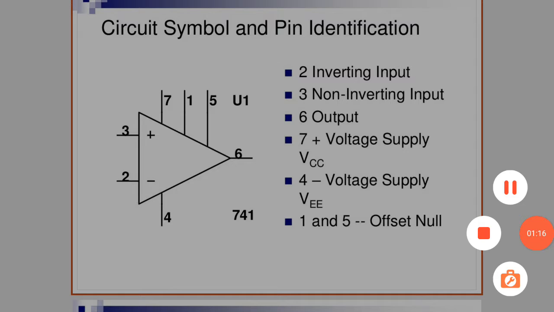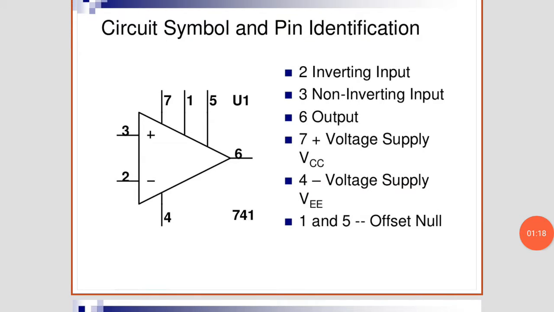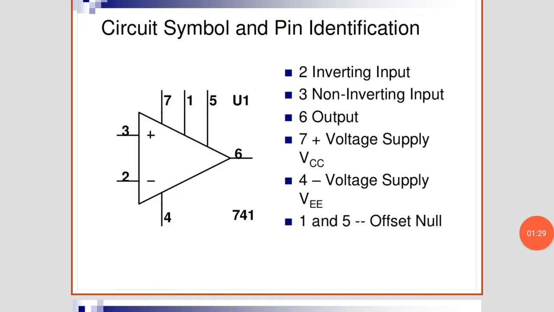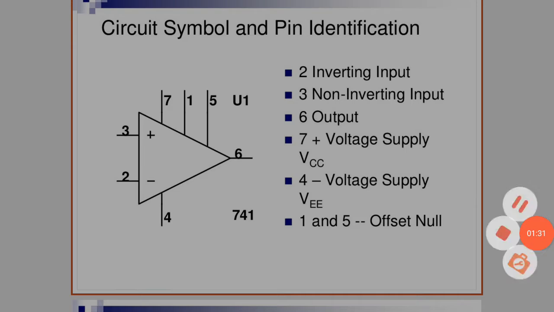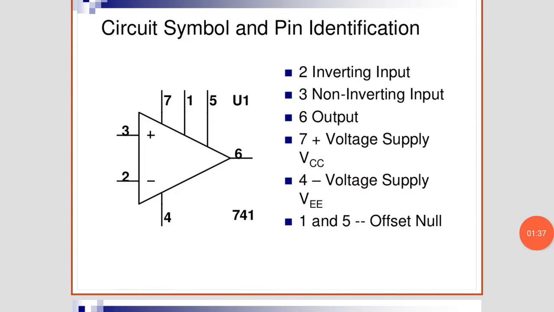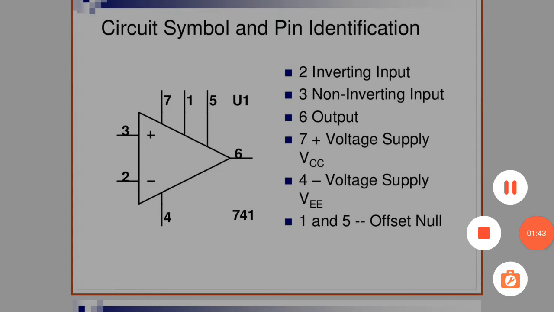Firstly, we see the op-amp circuit symbol. In the op-amp there are two terminals, the inverting terminal as well as the non-inverting terminal. The inverting terminal has a negative input, the non-inverting terminal has a positive input. In the pin diagram, the non-inverting terminal is connected to pin number 3, then the inverting terminal is connected to pin number 2.